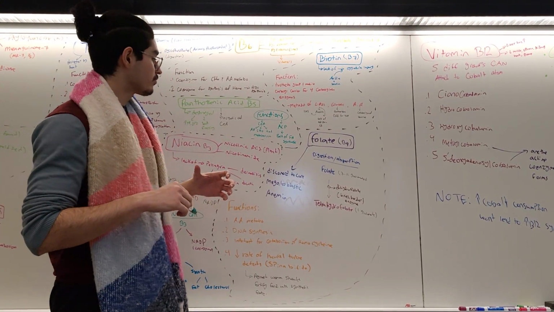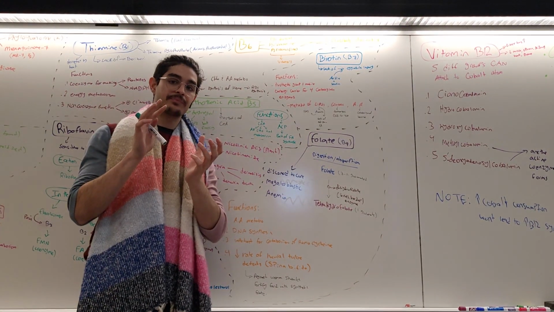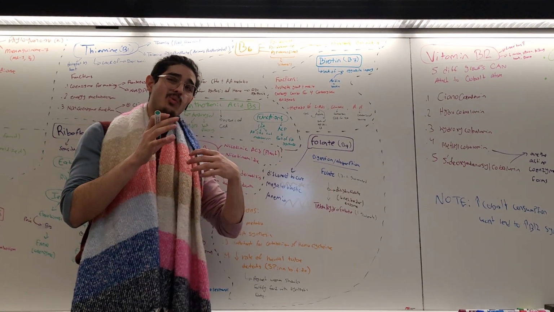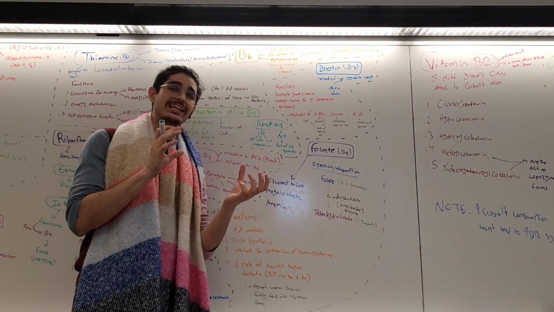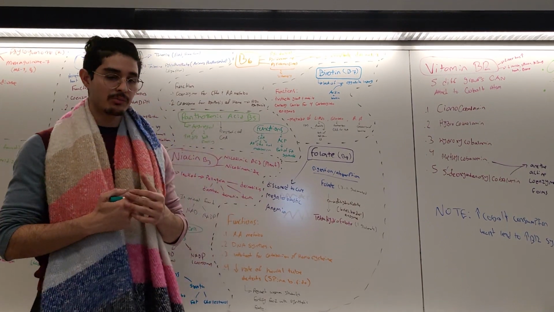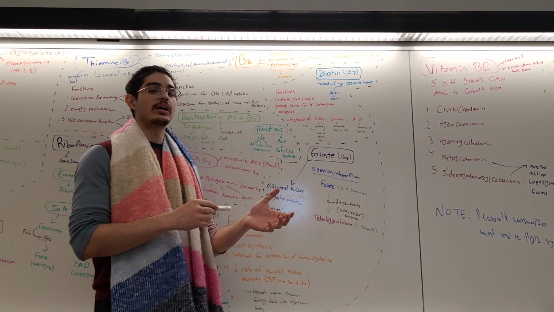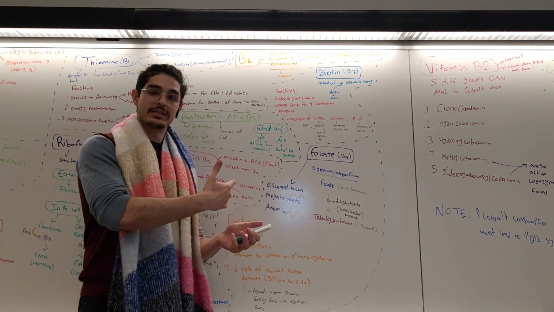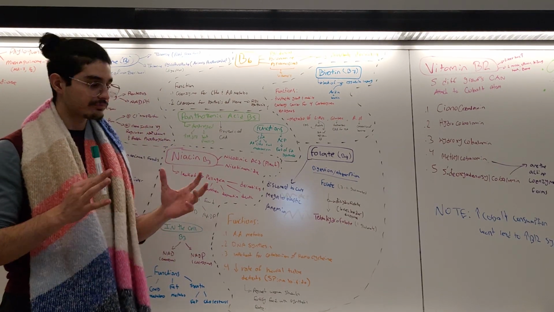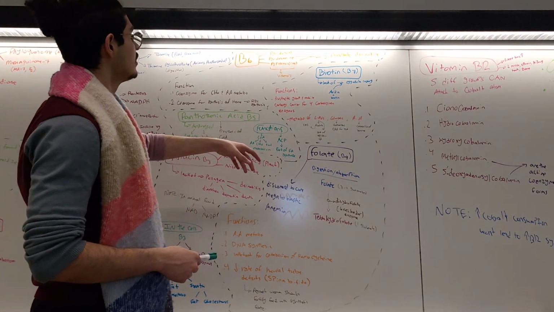So you have this enzyme called the fatty acid synthase, and on one end of it you have this thing called the acyl carrier protein, which basically just holds on to the hydrocarbon chain that you're making the fatty acids with. So that's B5.